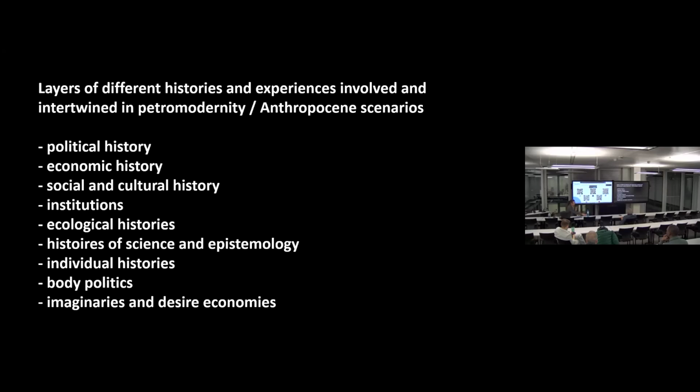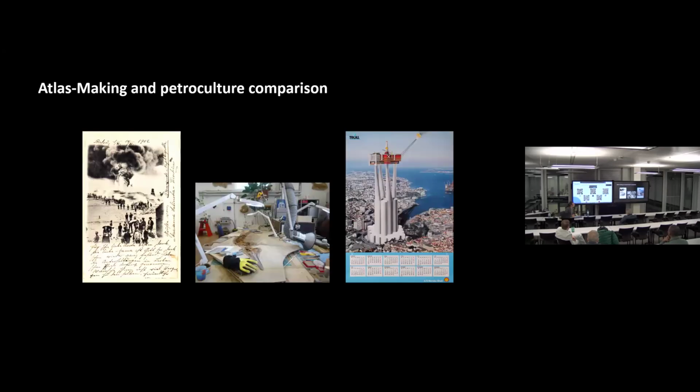Of course, we have experiences with ecological disasters, but overall in this area, the story is still remembered as, let's say, the golden age of the post-war welfare state. And of course, we have individual histories of families, of companies, and what I call body politics and imaginaries and desire economies. I come to that in just a minute.